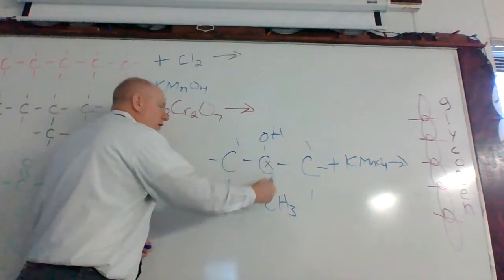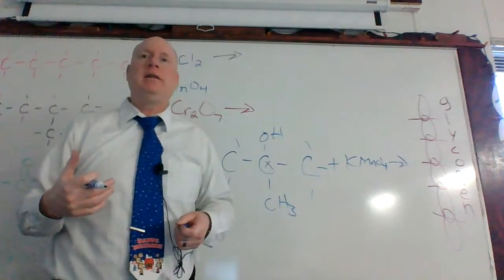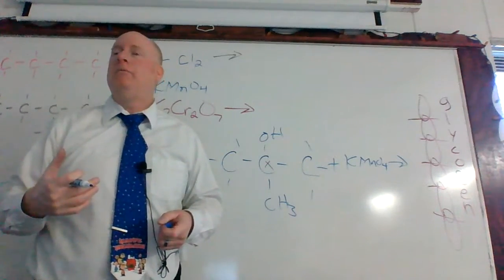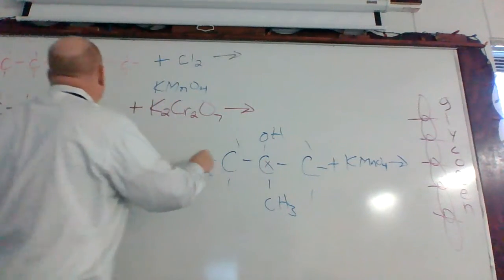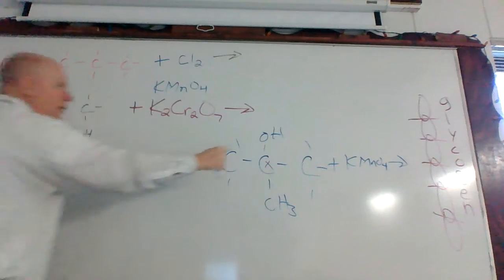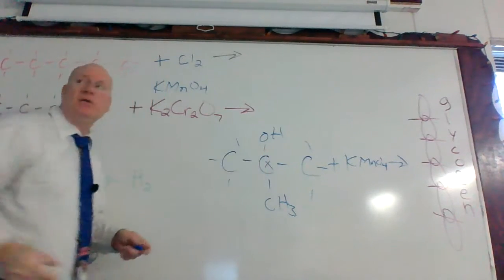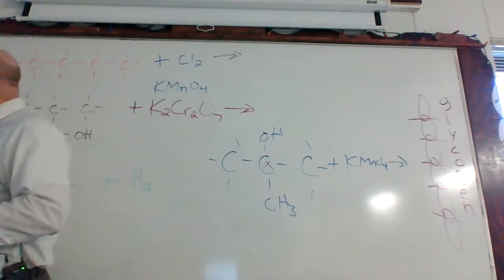X marks the spot, 1, 2, 3, and tertiary alcohols can't do what? They can't oxidize because notice there's no hydrogen on here. When we look at this guy here, notice this has some hydrogens to strip off of there, where this one does not. It's all carbon groups. That's why tertiary alcohols cannot oxidize.